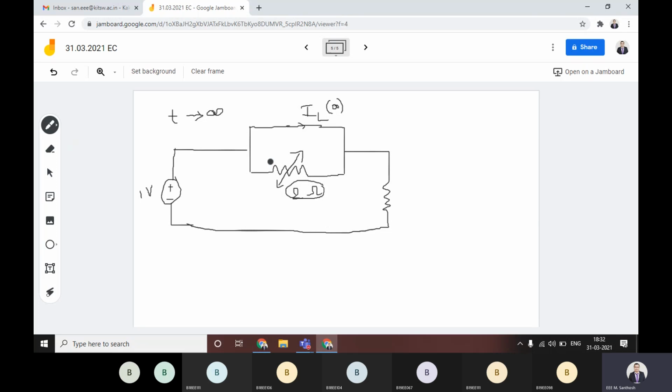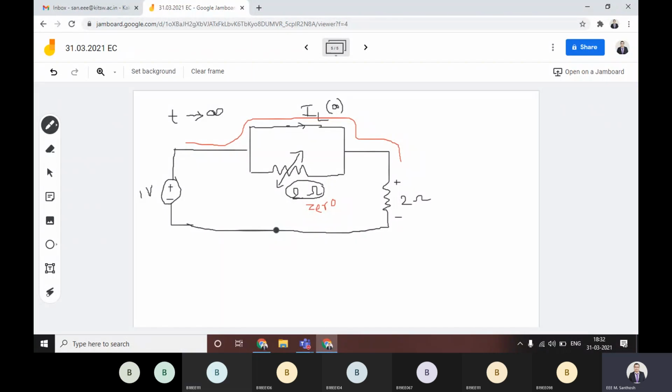If it is choosing the low resistance path, current will come this way and it will go this way, right? That means there is no significance for this resistor. For that reason, this resistance value will become 0. You have to understand this point, right? When you are analyzing this kind of DC transients, first you have to know this basic. Is it clear up to this point?